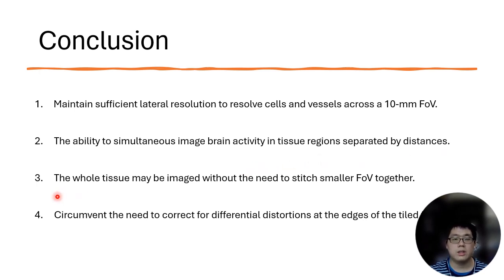Third, this shows that the whole tissue may be imaged without the need to stitch smaller fields of view together, and this circumvents the need to correct the differential distortions at the edge of tiled fields.